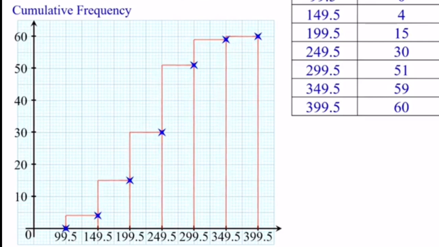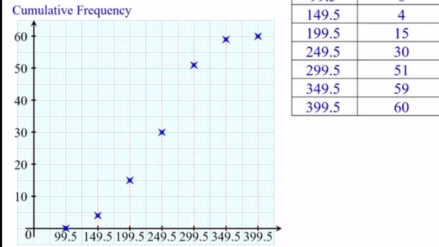For your information, all students must know how to draw a cumulative histogram, because this graph is totally new to all the Form 5 students under the new KSSM syllabus. So it is very important for you to master the skills to draw the cumulative histogram.